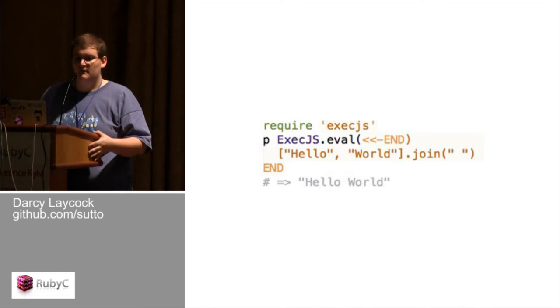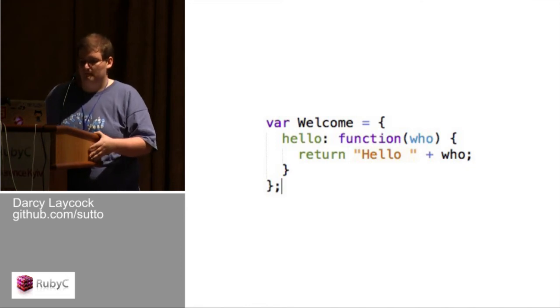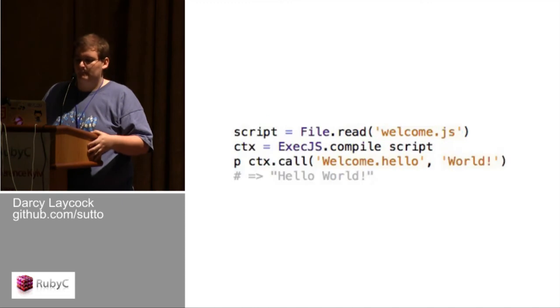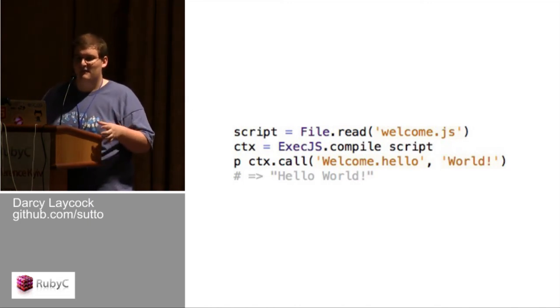The more useful one, especially when it comes to using libraries, is called compile. So see here an example JavaScript library that all it does is it has a welcome.hello method and returns hello plus name. In ExecJS, we'd read that JavaScript file in and tell it to compile it. Compile is a bit iffy because it doesn't necessarily compile it, but it gives us a context in which we can evaluate code.